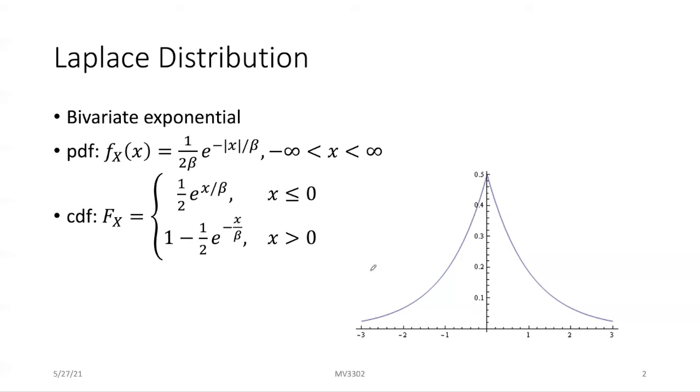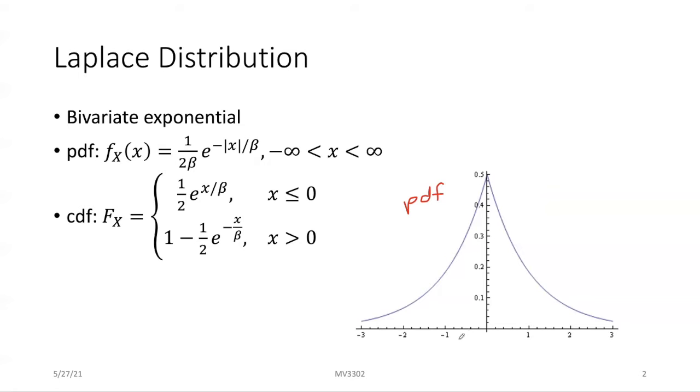Mathematically, it's a little more tractable than normal. This is its PDF. Its PDF looks like a symmetric function with, in this case, a mode at 0. In other words, a spike at 0.